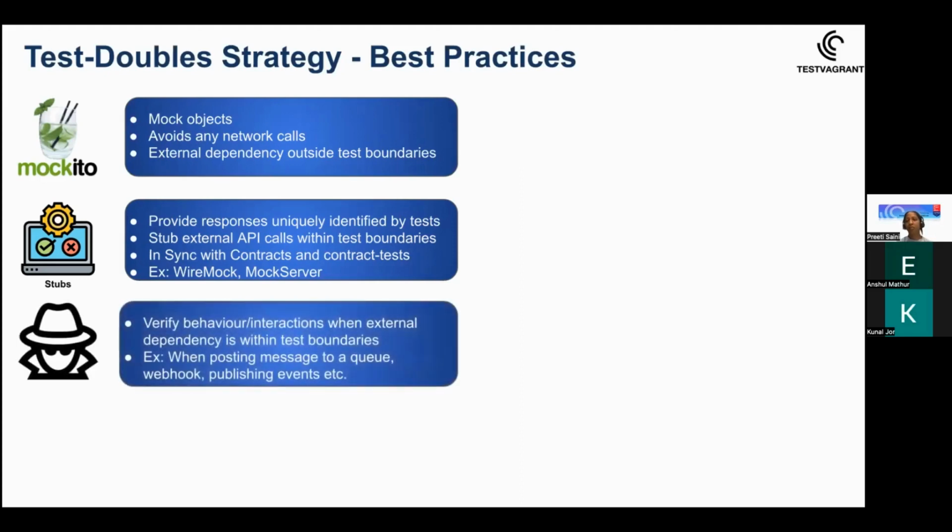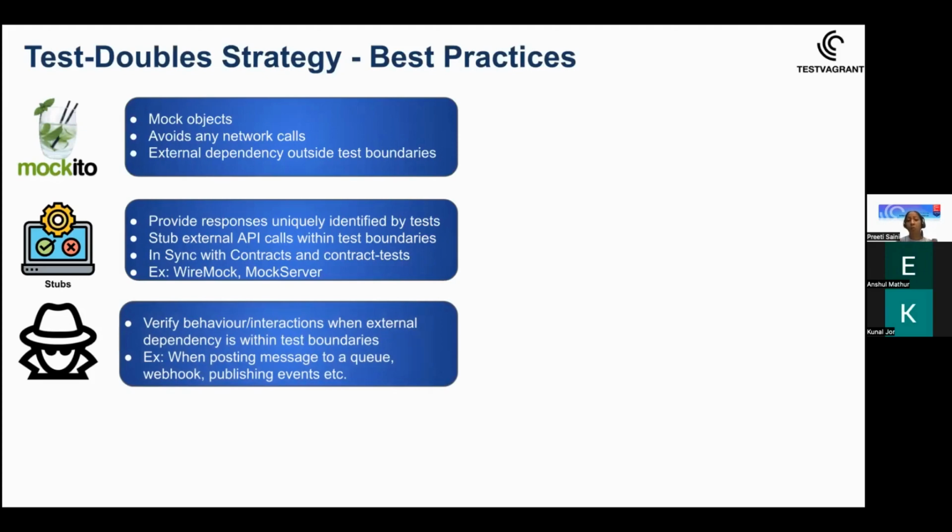So there's a slight difference, right? Spy objects are provided, even if you're using Spring Boot, you could use a spy bean, or if you're using JUnit or Mockito, you can also create spy objects from it. What happens with spy objects is that it lets you spin the object as in your application context, as it is going to be made available when your application is running.